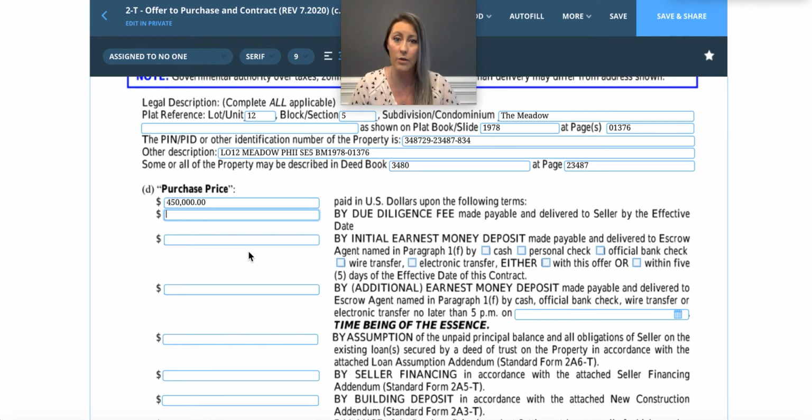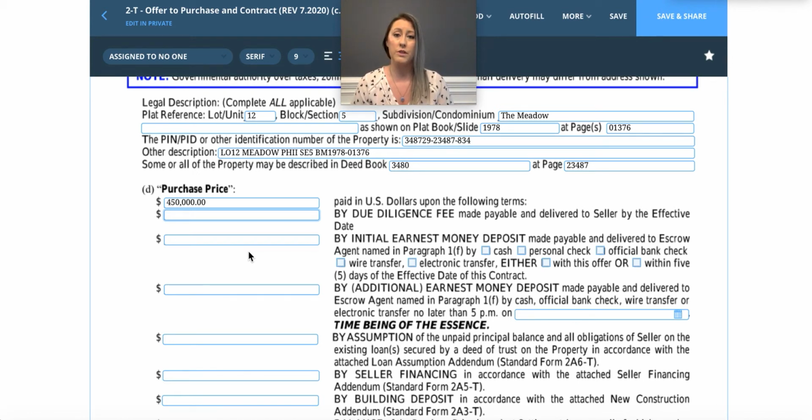It's basically however much you can comfortably lose, or how much your clients can comfortably lose. If during the due diligence period, when they're inspecting it, getting it surveyed, and having the septic or well checked if the property has that, you find issues and you're like, this is not the house for us, and they walk away, that they're okay to say goodbye to.